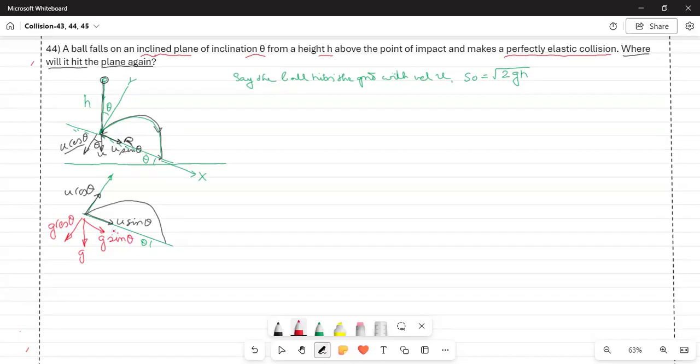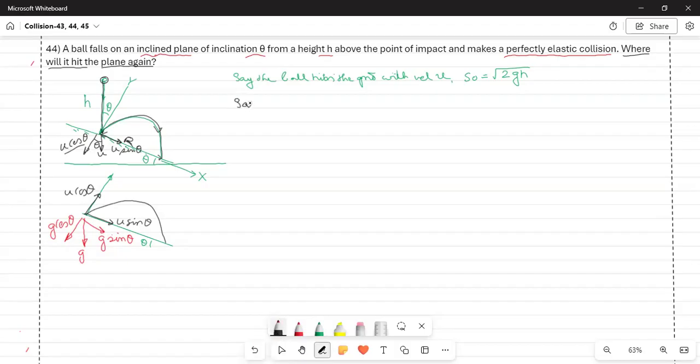In a normal projectile, when the slope is horizontal, there is only vertical gravitational acceleration g downward, and no horizontal component of g. Here, unfortunately, there is a horizontal component of g also. This is the only difference from a normal projectile problem, right?